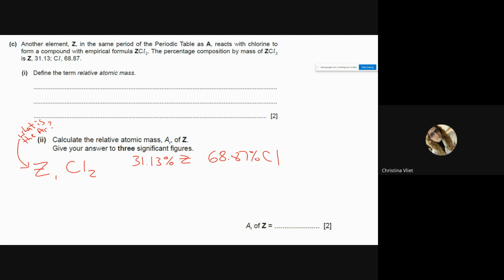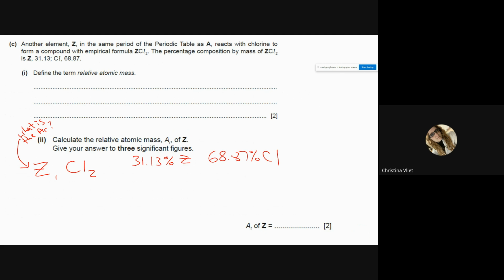The information that they provided us in the question is that there's 2 chlorines for every 1 Z. And the other piece of information we've been given is that the mass percent is 31.13 grams of Z whenever we have 68.87 grams of chlorine. What could we do? This is technically something that, and I've seen a couple different questions like this before, that they're asking you to try to figure out. Is there any type of relationship you could make that would make sense?